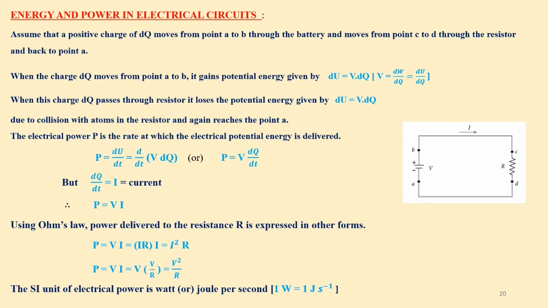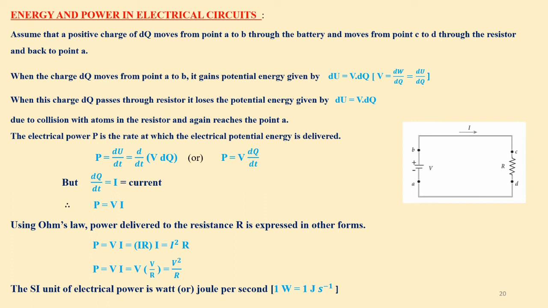The electric power P is the rate at which the electrical potential energy is delivered. So P equal to dU by dt. It is the rate at which the potential energy is given out or dissipated or lost. Therefore, P is equal to d by dt of V dq. V is constant.